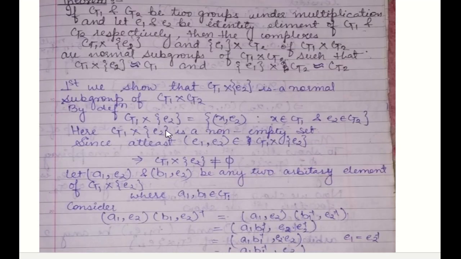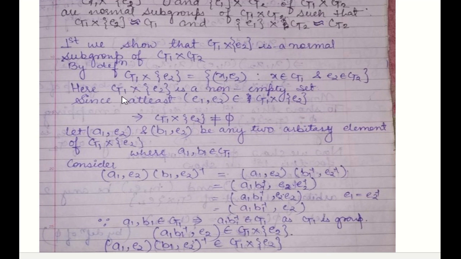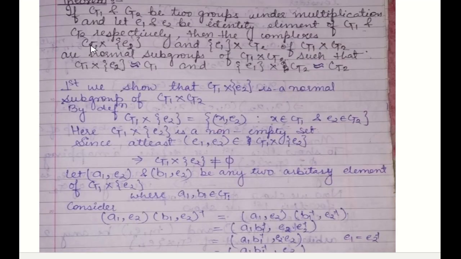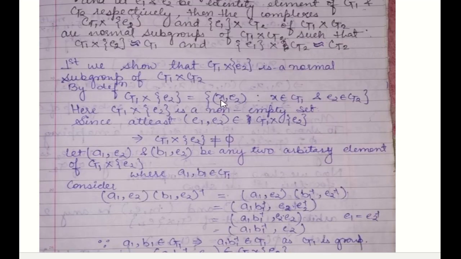So here, first of all we have to show that G1 cross E2 is a normal subgroup and E1 cross G2 is a normal subgroup, and then we have to show G1 cross E2 is isomorphic to G1 and E1 cross G2 is isomorphic to G2. So first what will we show? We show that G1 cross E2 is a normal subgroup of G1 cross G2.